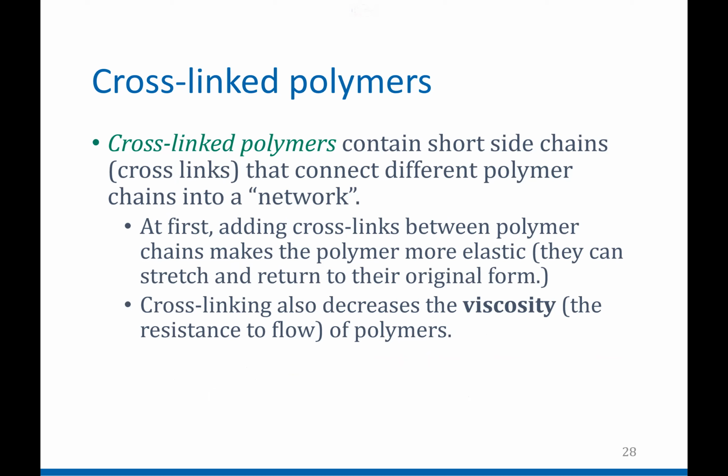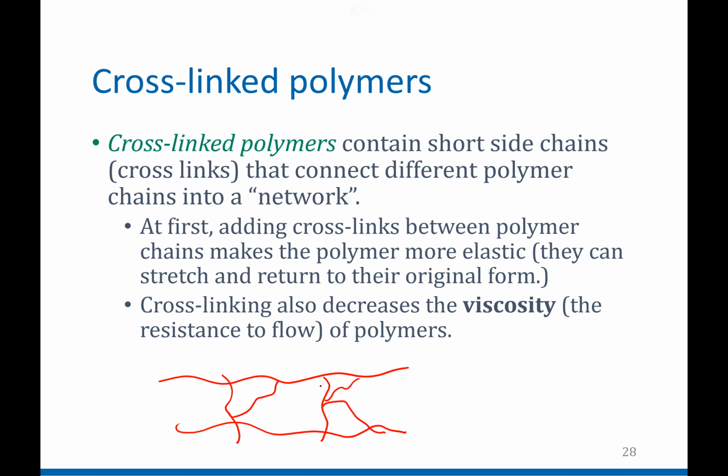So cross-linked polymers, again, these are pretty easy to memorize because their names explain exactly what they are. Cross-linked polymers have side chains that link to form a network. You could think of cross-linking as: these are my polymer chains, and there'd be branches that connect them.